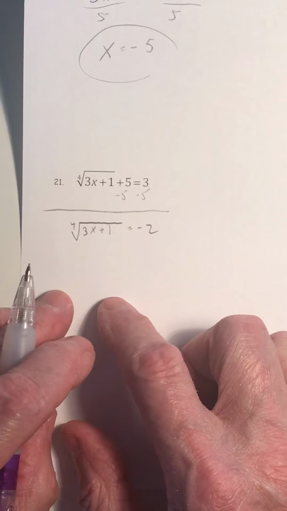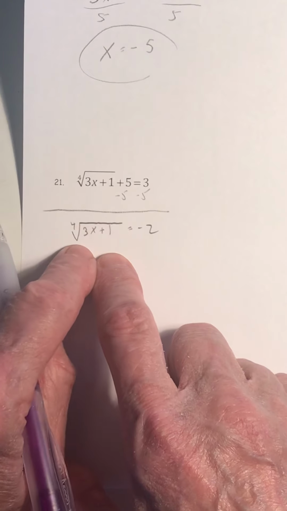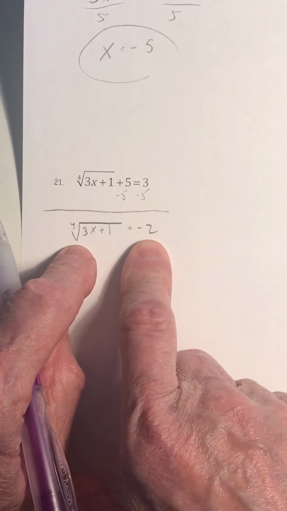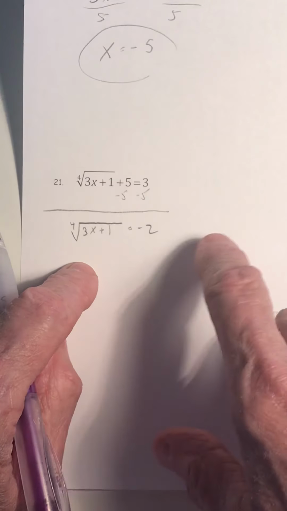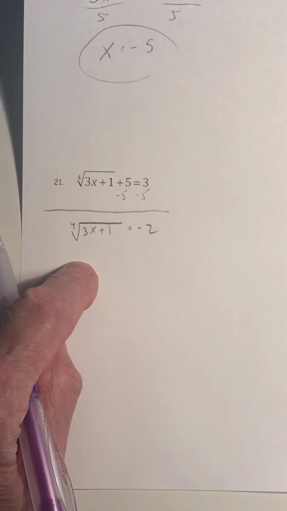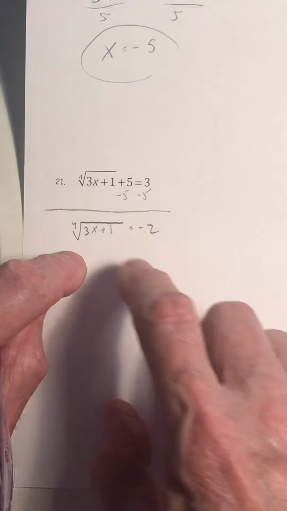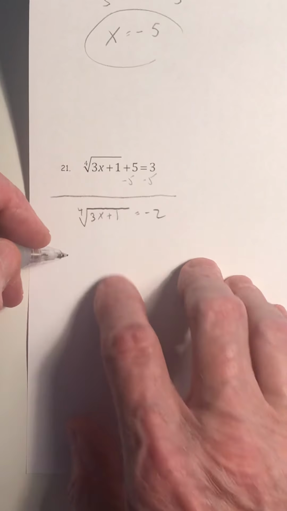And you kind of sort of could stop right here and say this is impossible because you got an even index root coming out a negative number. This is impossible. That would mean that something to the fourth power gives you a negative 2, and that's just not possible.